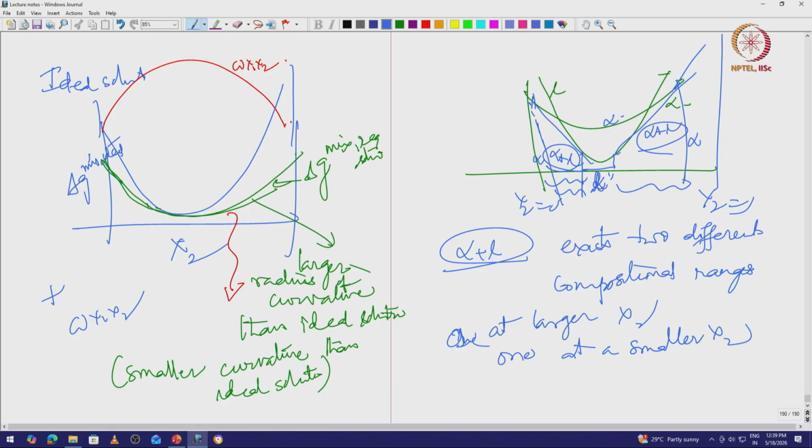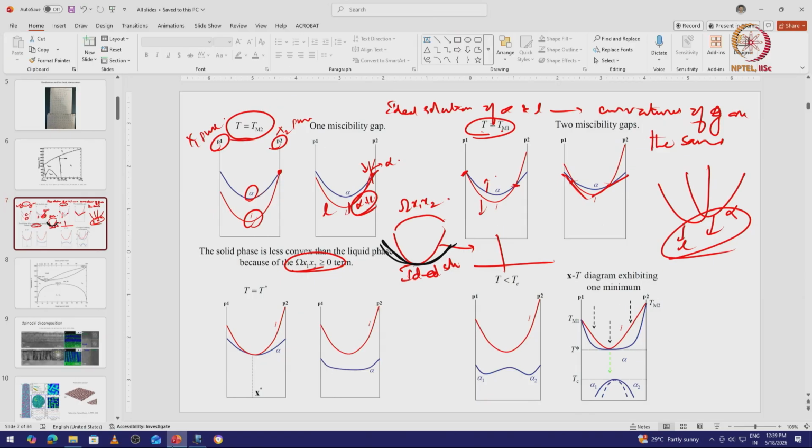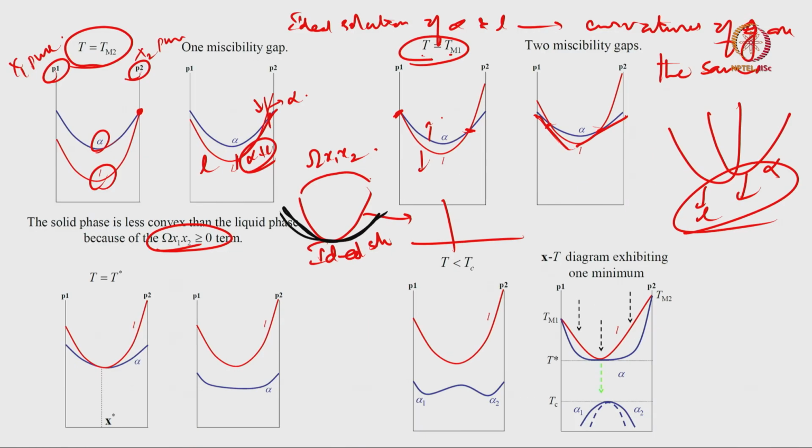Okay. So this is called two miscibility gaps. It is not one miscibility gap, I have two miscibility gaps. So this is one, this is the second one. Okay. So I have two miscibility gaps here coming up. Now, I further cool it down, then there comes a point T equal to T star where alpha hits the liquid only at one spot.